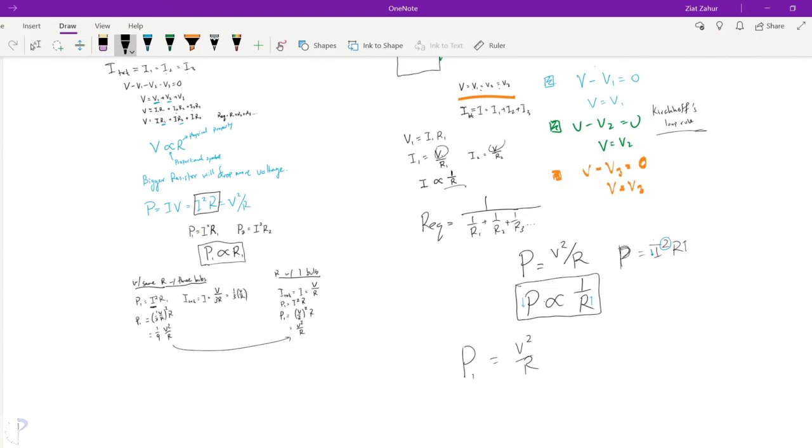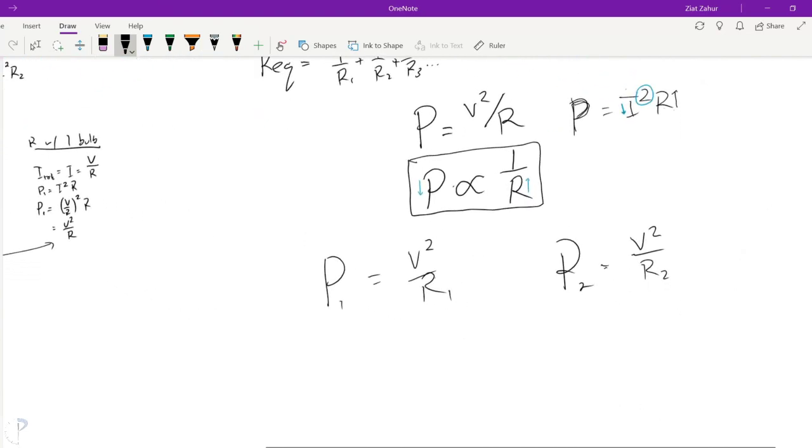And so P1 must be V squared divided by R1, and P2 must be the same number squared divided by R2. Okay. So P1 is 30 squared over 10, whereas P2 is 30 squared over 15, and P3 is 30 squared over 30.